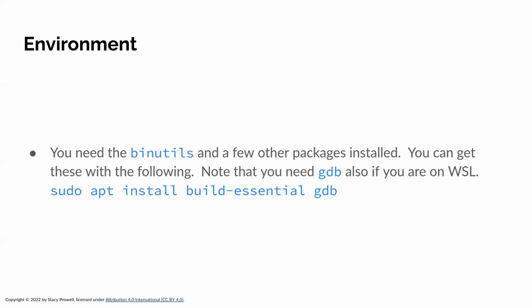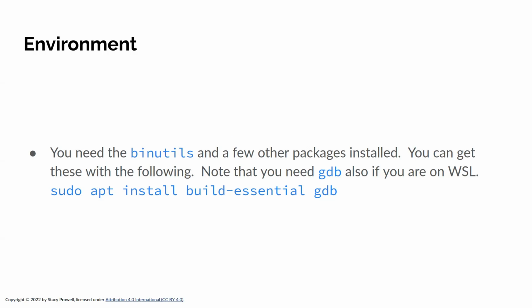So in order to use a lot of these, you're going to need to have some packages installed. The most important one is probably binutils, but you can get that by running the command at the bottom: apt install build-essential, which you should absolutely have.